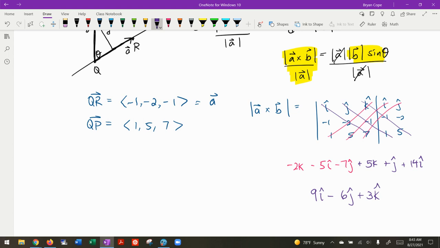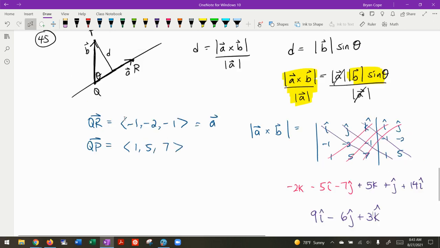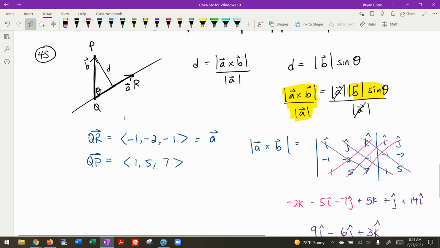Oh, that does not correspond with what I have in my previous notes. Let me check what went wrong here. -1, -2, -1. Oh, okay, there's a problem here with my vector QP. P lies off. So QP is 1, -5, -7.